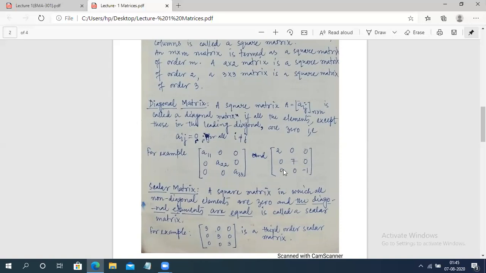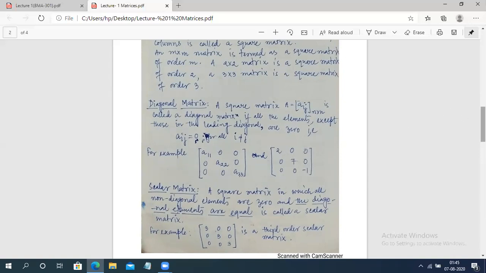This is again a diagonal, but these elements are not called the diagonal elements. Diagonal elements are only these elements, A11, A22, A33, which have the same subscript. So this is a diagonal matrix.